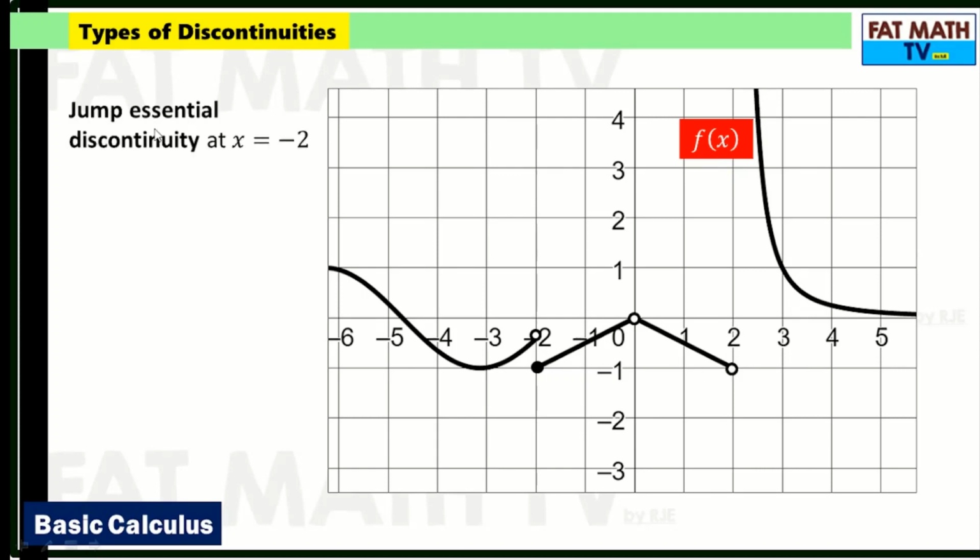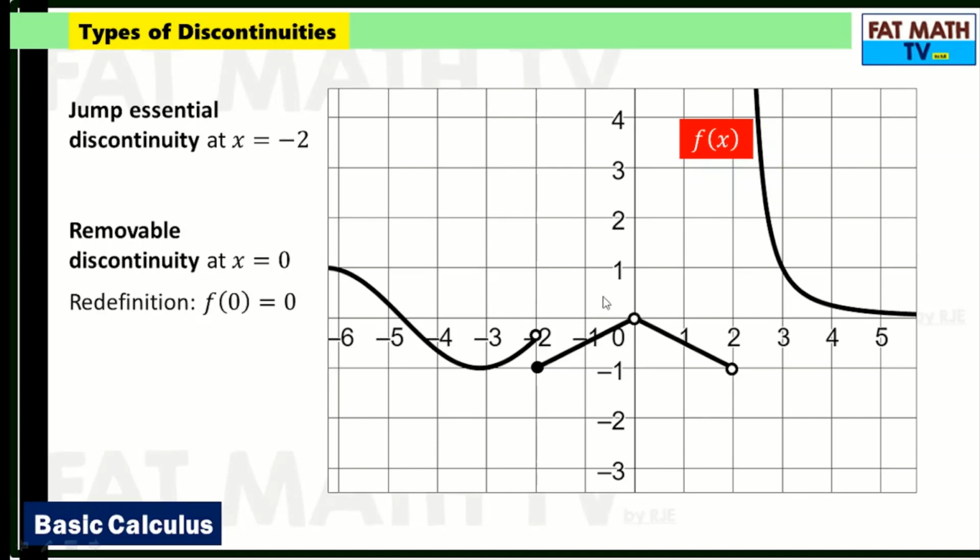So there is a jump essential discontinuity at x equals negative 2. At x equals 0 it is removable, because we can remedy this by making f of 0 equal to 0. If you do that, then we will have a point (0, 0). Y is 0 when x is 0.